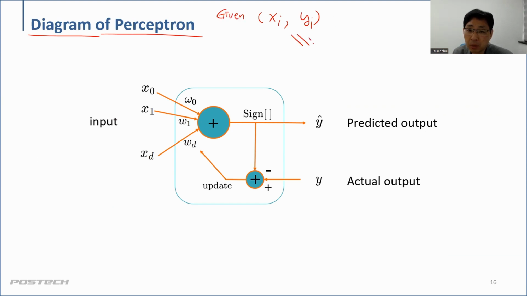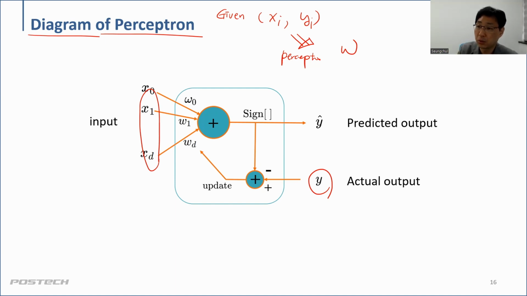Out of those data points, the perceptron computes omegas. So input and output are given. The unknowns that we want to find out, the parameters, are the omegas here.